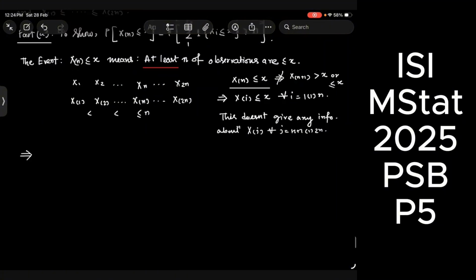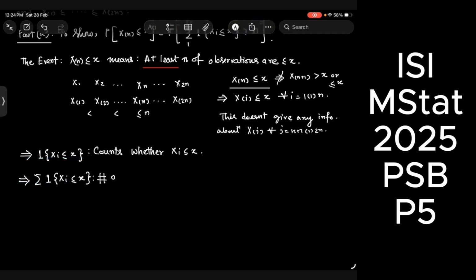So the right side counts whether xi is less than or equal to x, and summation over gives the number of observations less than or equal to x among the total 2n observations, right?